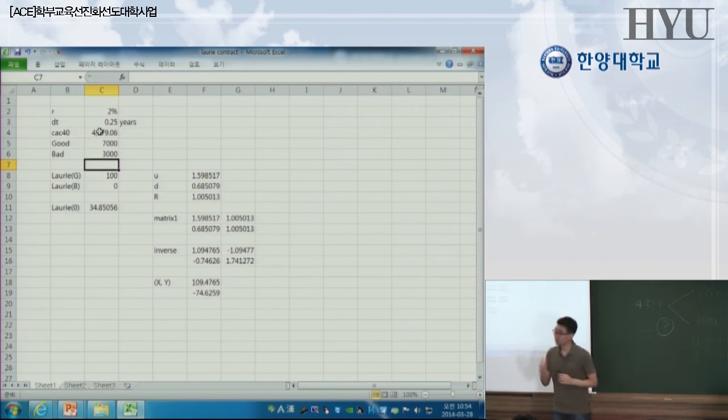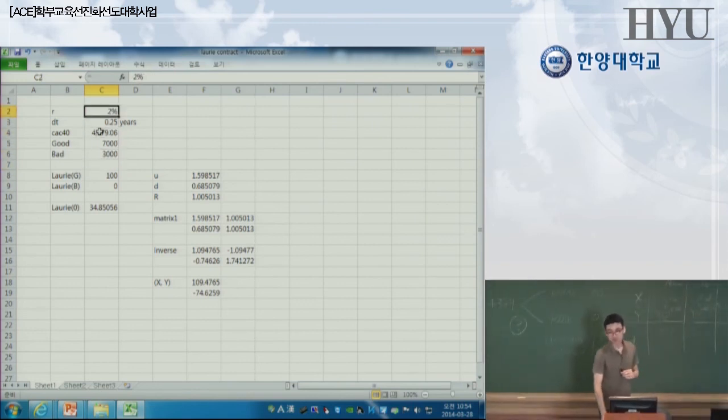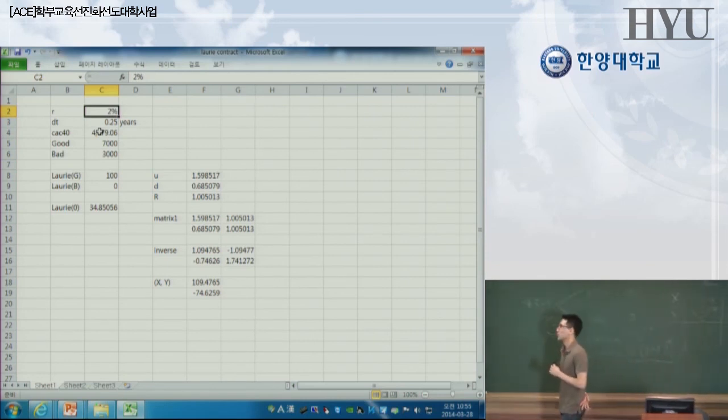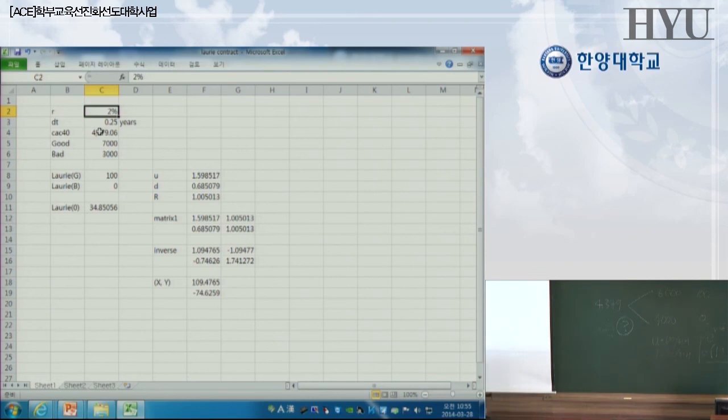Next question. What if the European Central Bank, President Draghi of the ECB, changes the interest rate? The current interest rate is 2%. What if the interest rate is 5%?